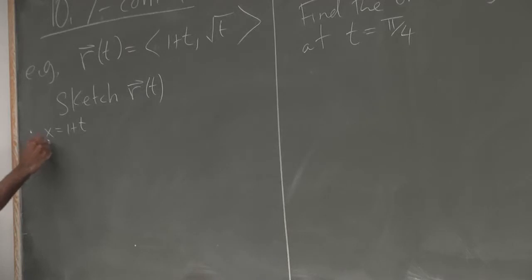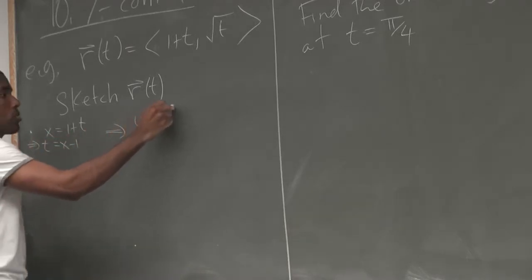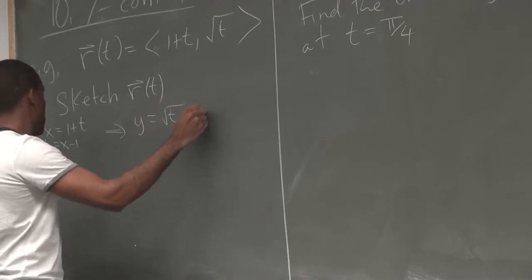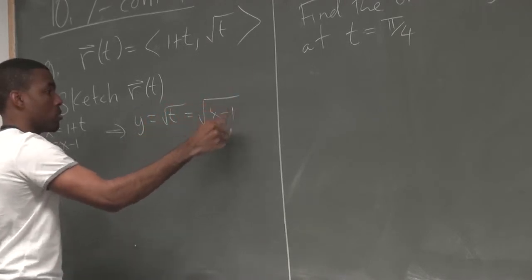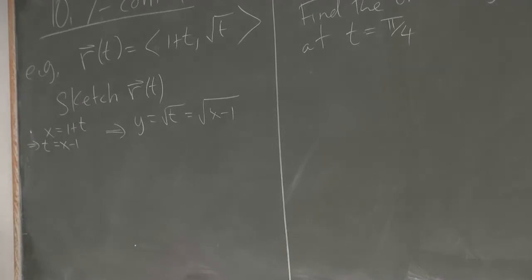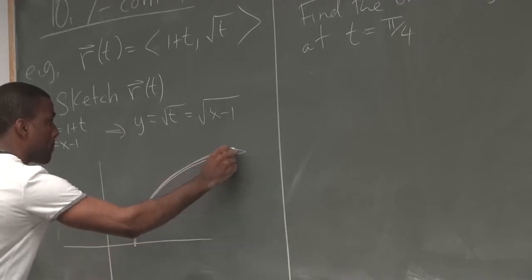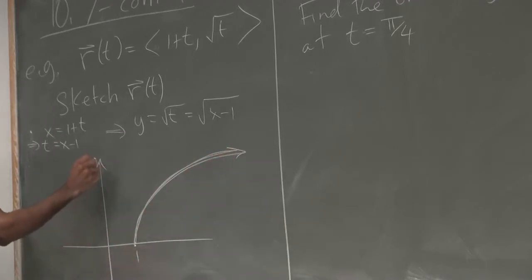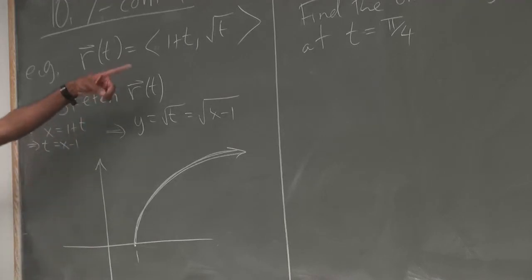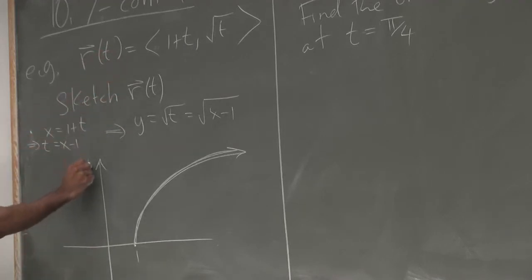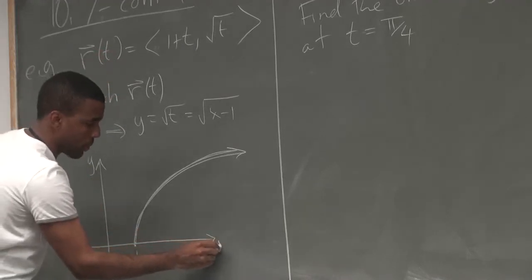I plug that into the square root of t, and then I get just y equals the square root of x, shifted 1 unit to the right. That's from parametric equations in Calc 2 even. You learned how to get rid of the parameter and plot the function.